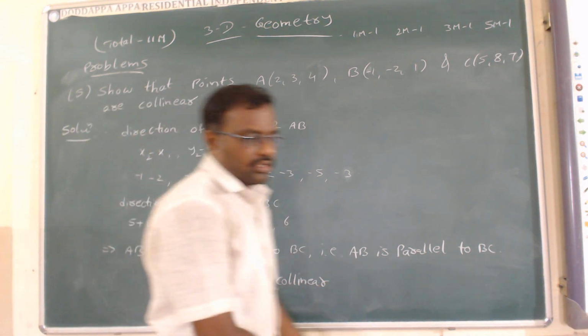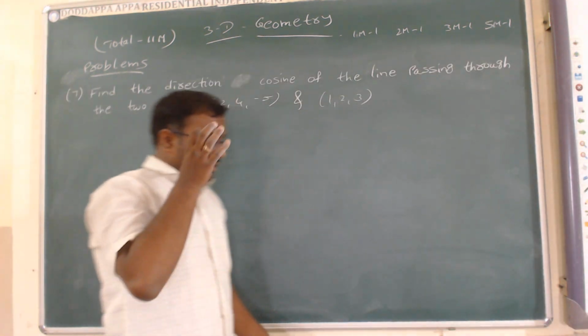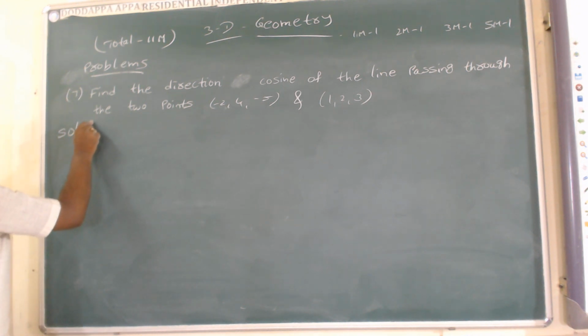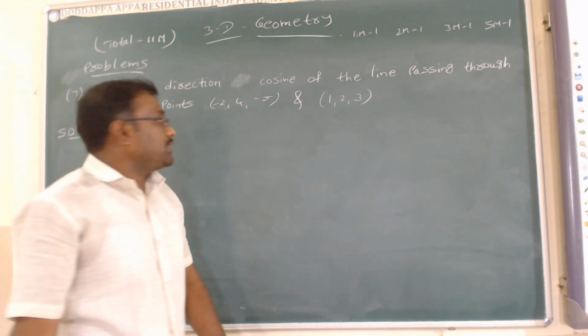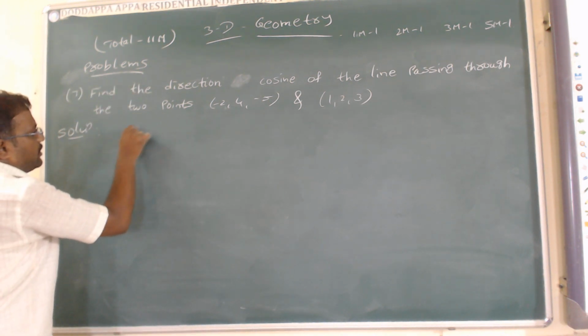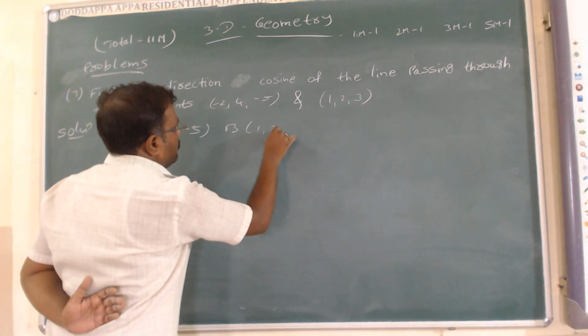Okay, see here another problem. Here you can find the direction cosines of the line passing through two points. First point is A and second point is 1, 2, 3.